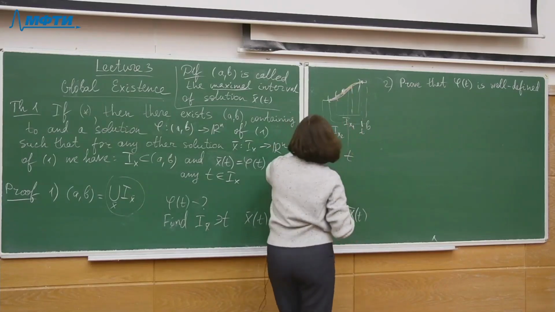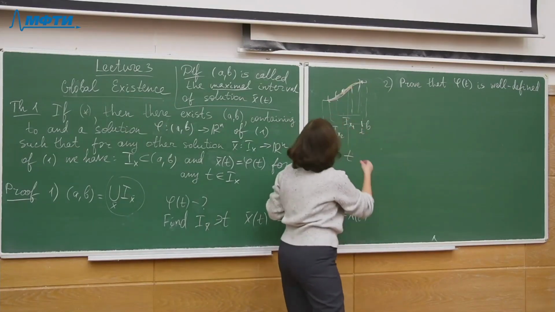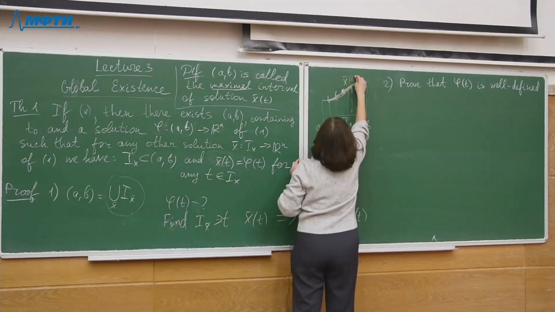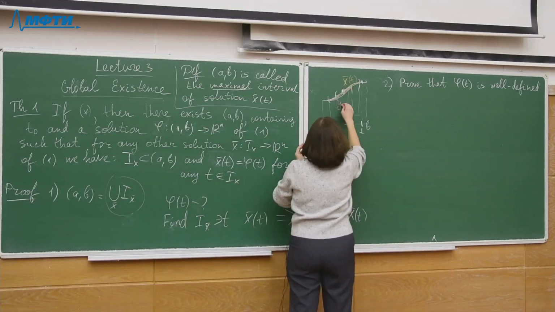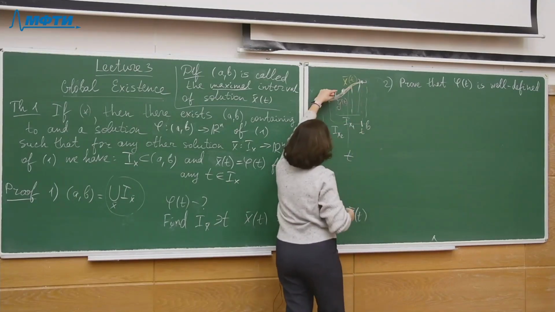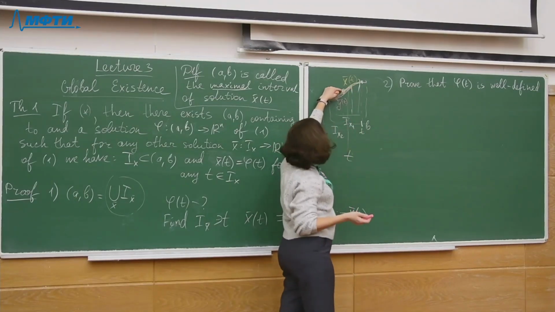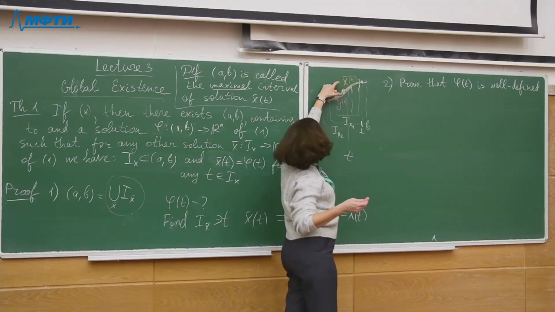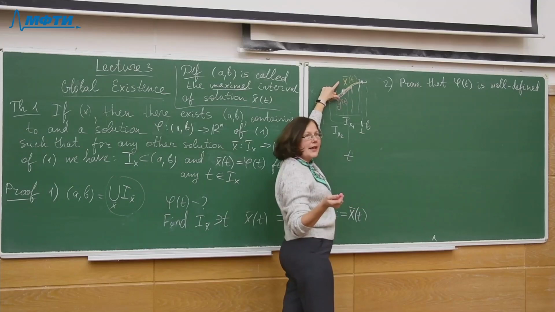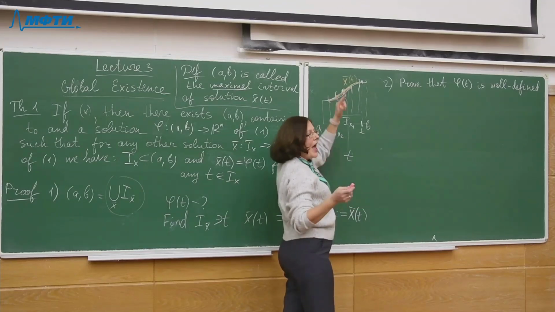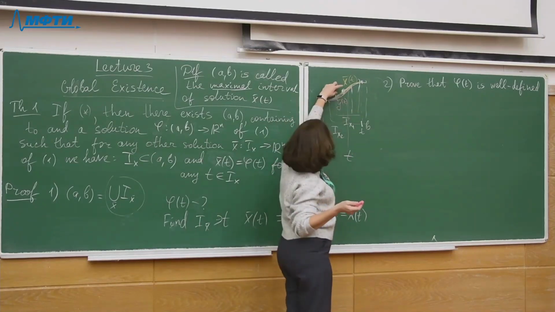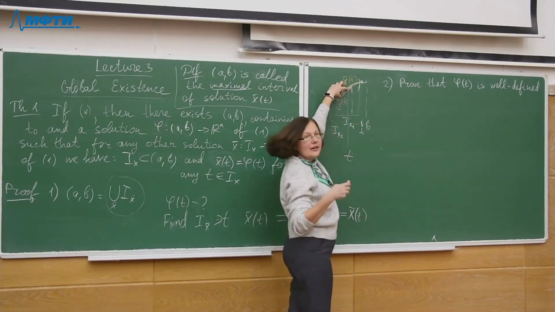And so we have two different solutions. It will be, so for example, x of t and y of t. Different solutions. They have the common point, right? Because these are two solutions of the same initial value problem. And we know that locally, the Picard-Lindelof theorem guarantees that locally they coincide.